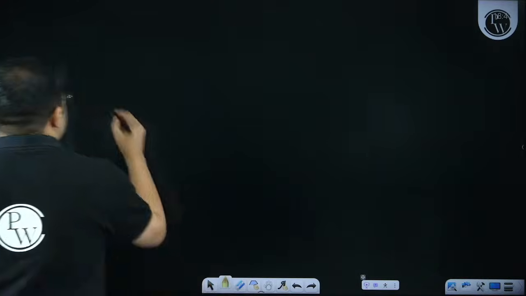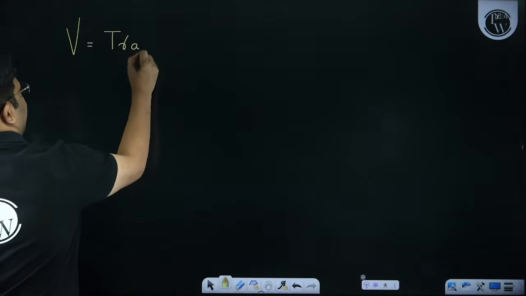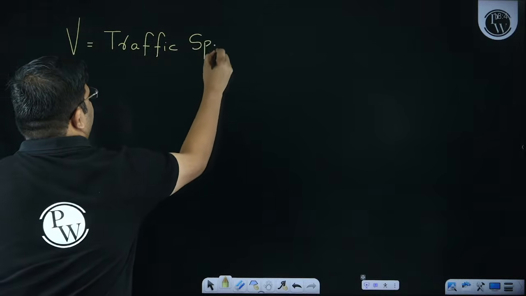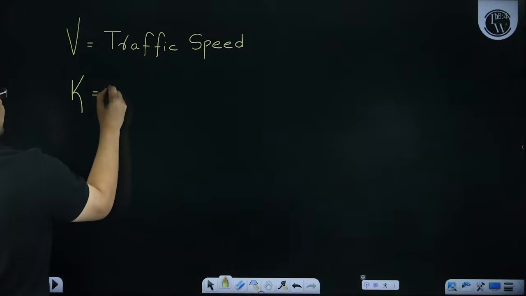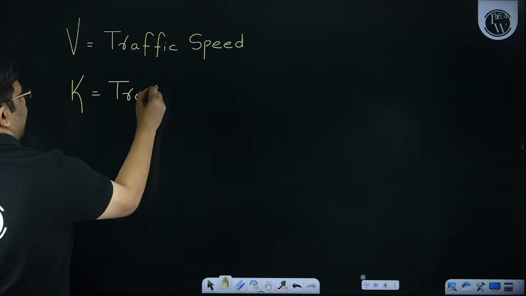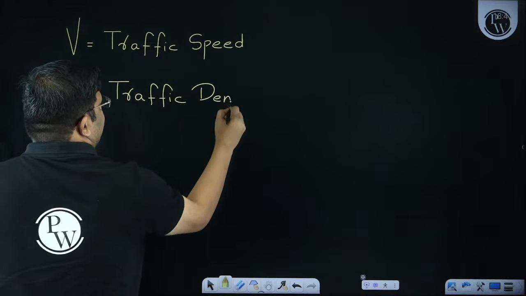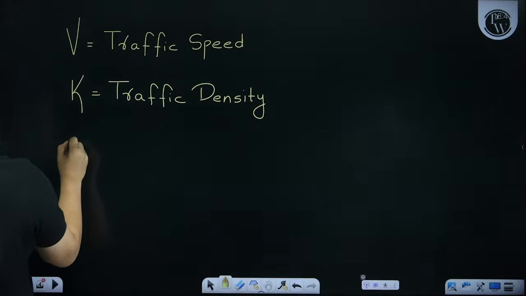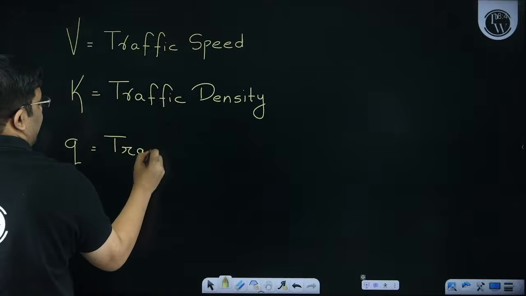One is the traffic speed, and then we have traffic density. Last but not the least is the traffic flow.